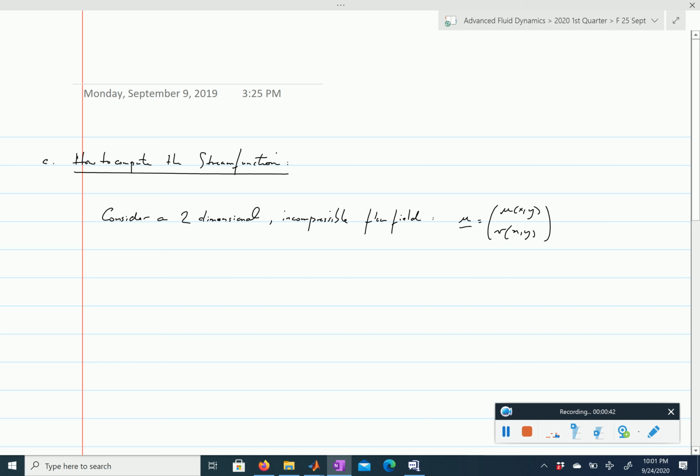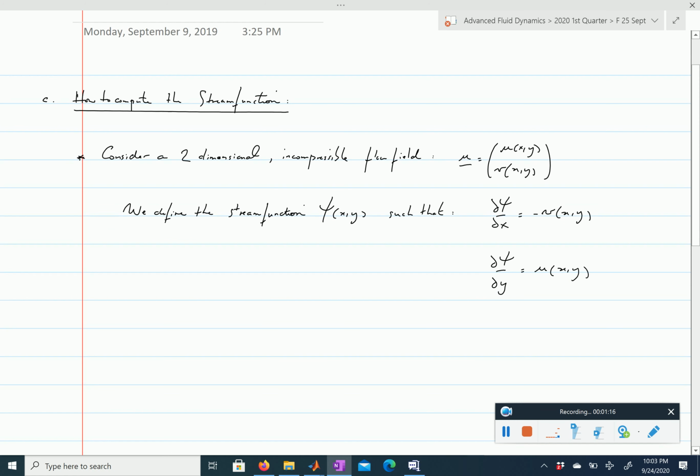Then we define the stream function as a function such that the partial of psi with respect to x is equal to minus the y component of the velocity field, and the partial of psi with respect to y is equal to the x component, so u, of the velocity field.